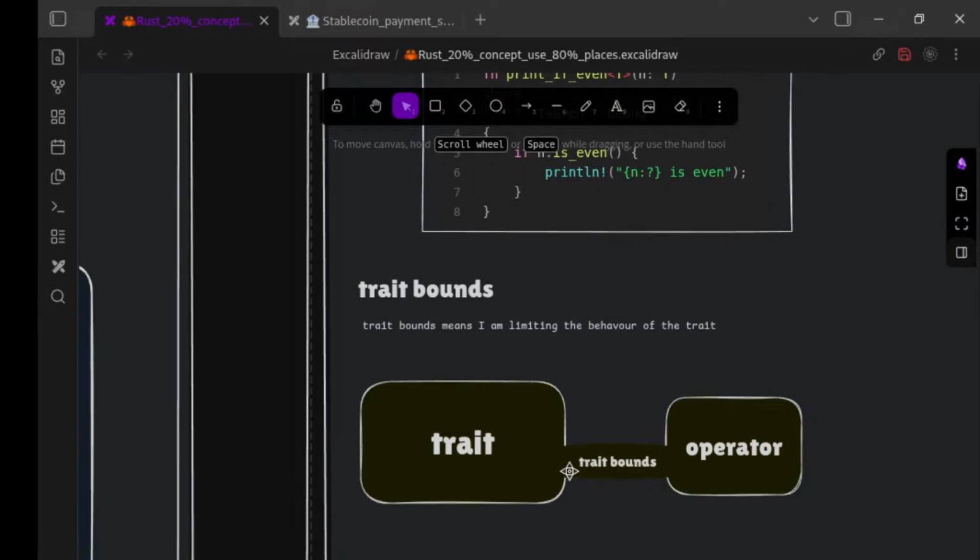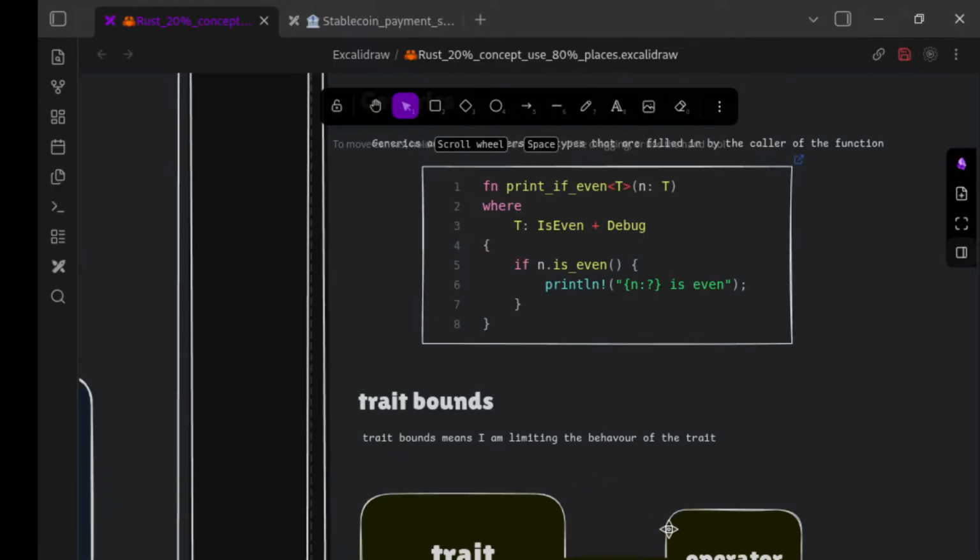So bound means we have to connect the trait with the operator.